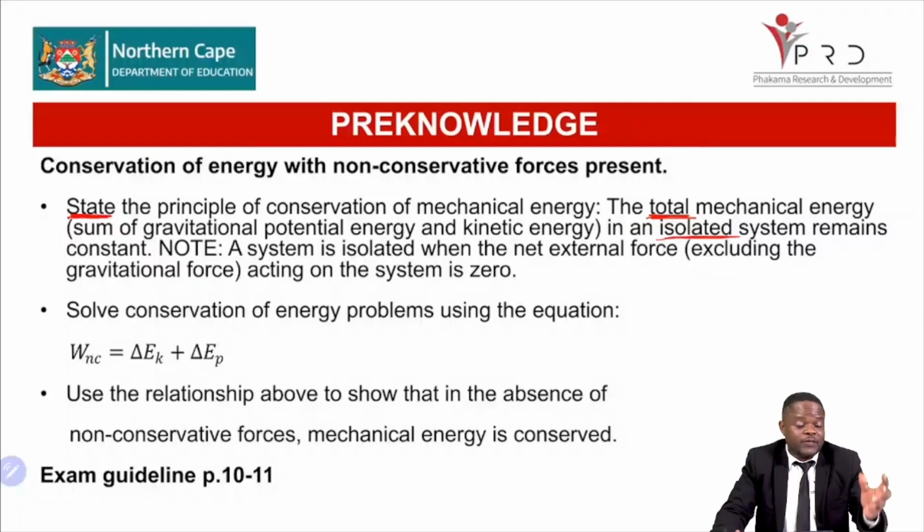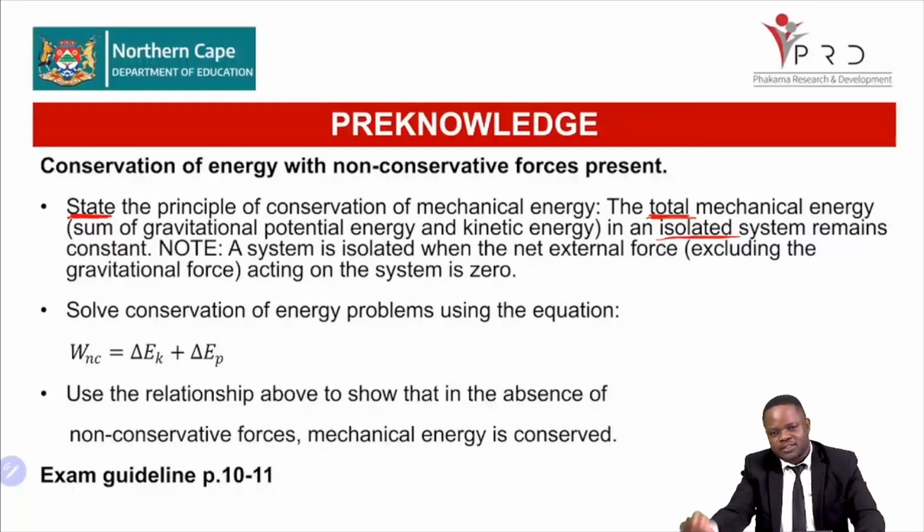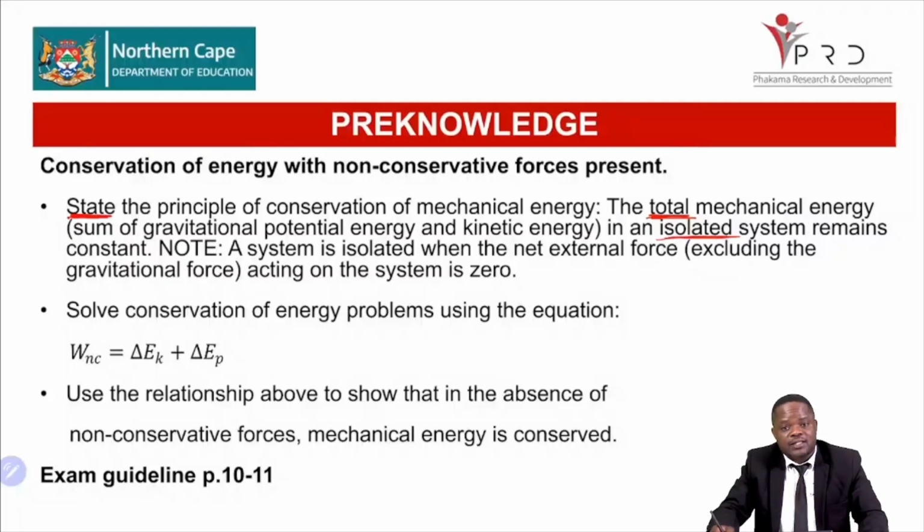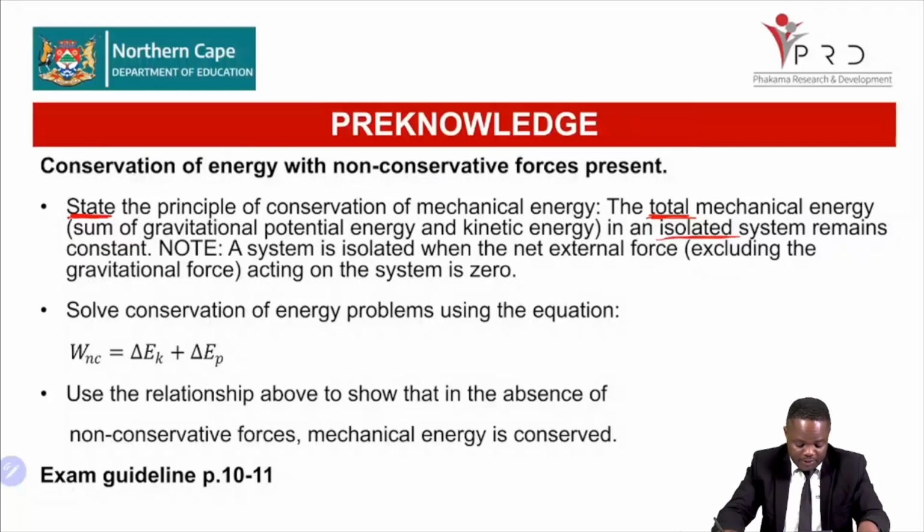So if your system is isolated, you know that the mechanical energy at point A will be equal to the mechanical energy at point B. And we're saying a system is isolated when the net external force is actually 0. So let's remember that.